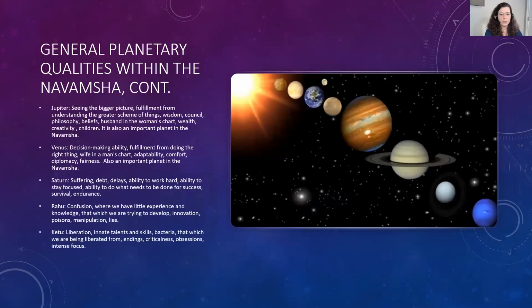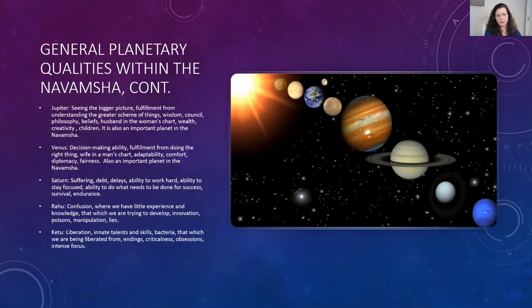So Jupiter is our capacity to see the bigger picture on our life path, having optimism related to one's future on the life path. And it also deals with our capacity to be forgiving appropriately, which is important in marriage. You know, you have to be able to forgive the partner when mistakes are made or when things happen, because ups and downs, highs and lows will happen on the path or in the marriage.